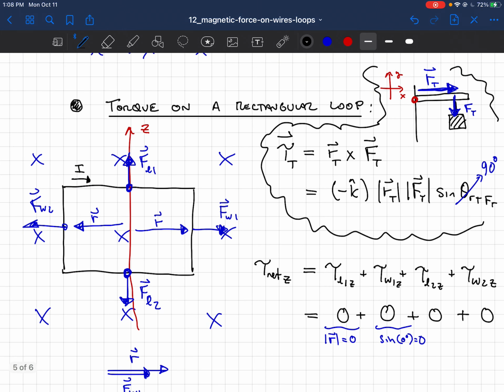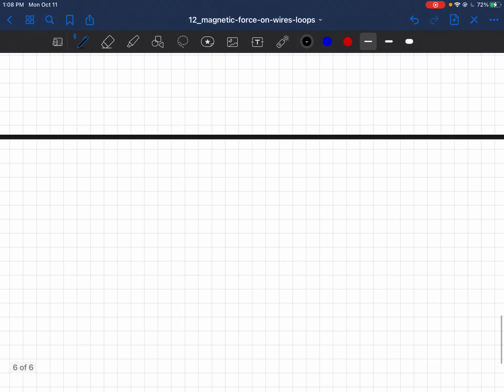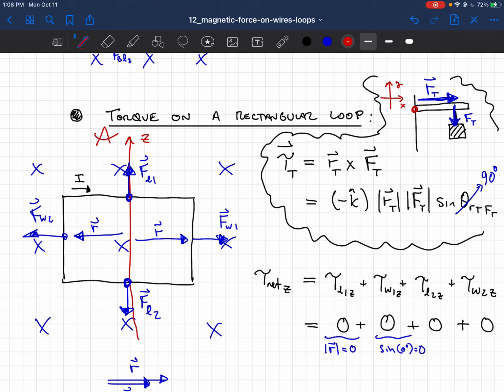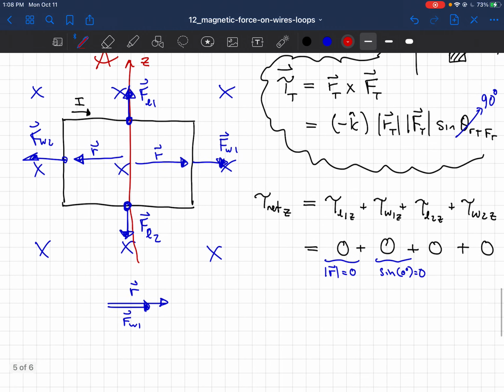Let's say we look at the z-axis as coming out of the page. Now I'm basically looking down on this system, and I have pulled the right wire out of the page by some angle theta.